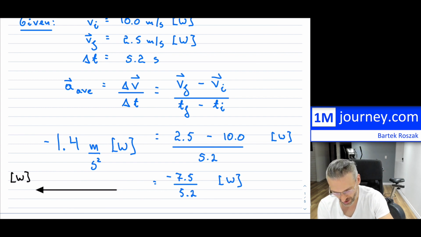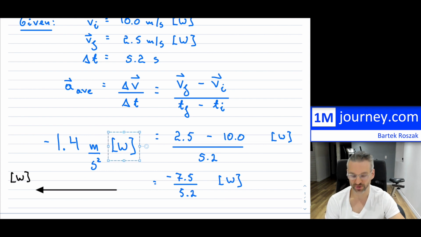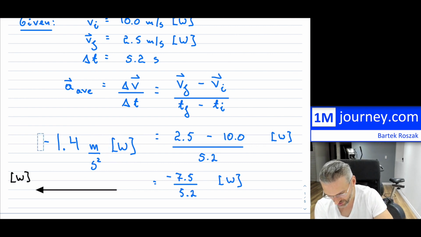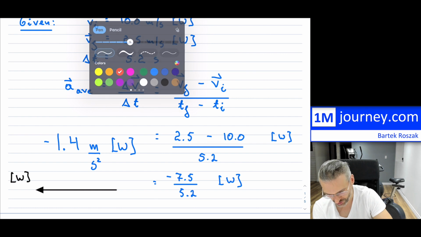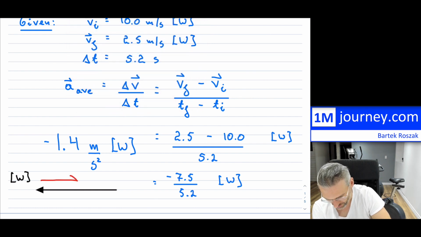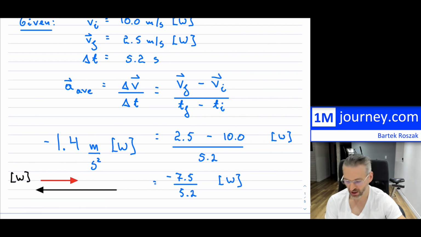As for accelerations, if you're assuming the direction is west on the acceleration, but this is negative, that means it's on the opposite side. If I was drawing this out, it would go in this direction, opposite of the actual movement that you have.